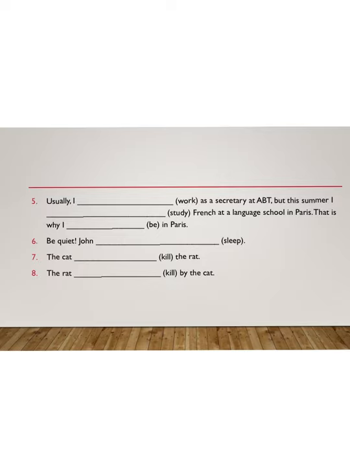First of all, when you see the signal word usually, that means we are talking about something that is true for a long time. That's why for the first blank, we should use simple present tense. I can do the action, I can work, so it's simple present tense, active voice. Usually, I work as a secretary.